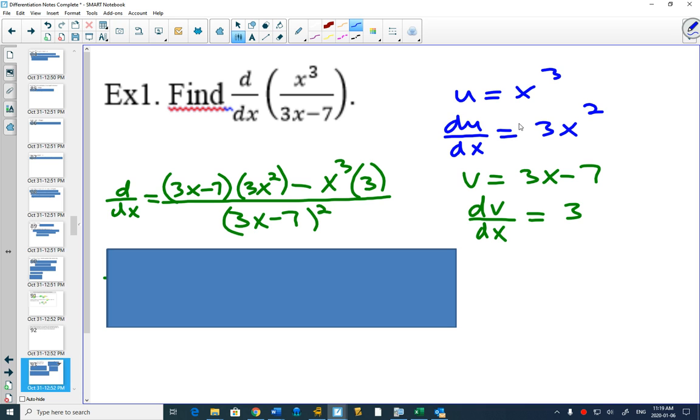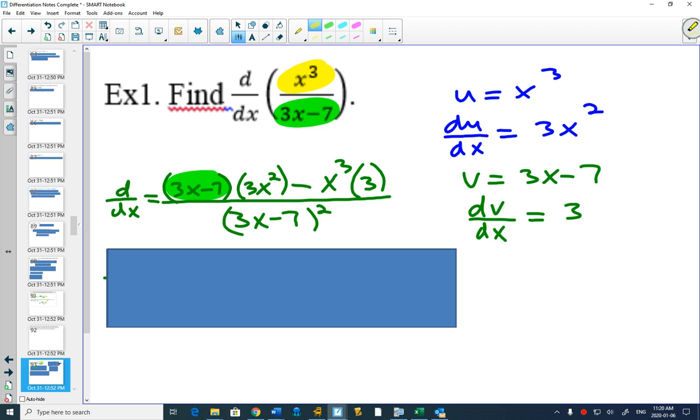Do you want me to color code again? Okay, I'll color code. So what did I do? I highlighted my numerator in yellow, my denominators in green. So we kept the denominator the same. Kept the bottom the same, multiplied by the derivative of the top.